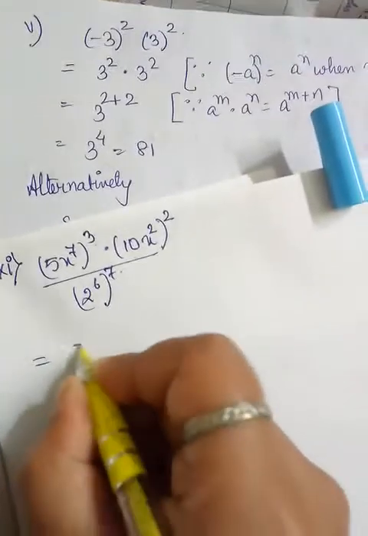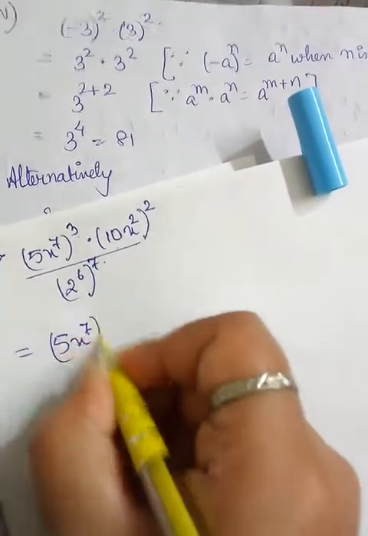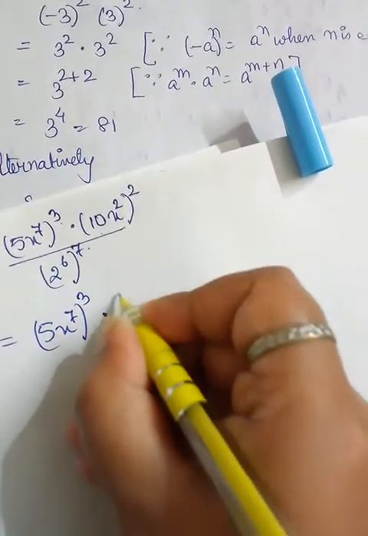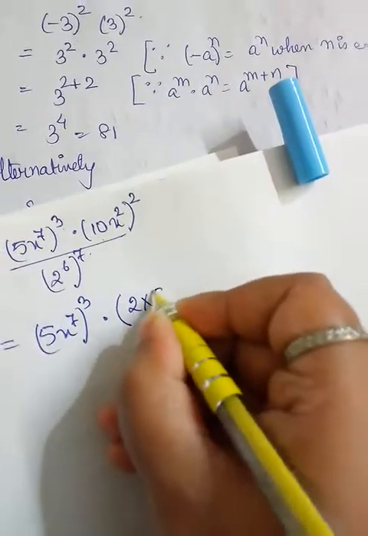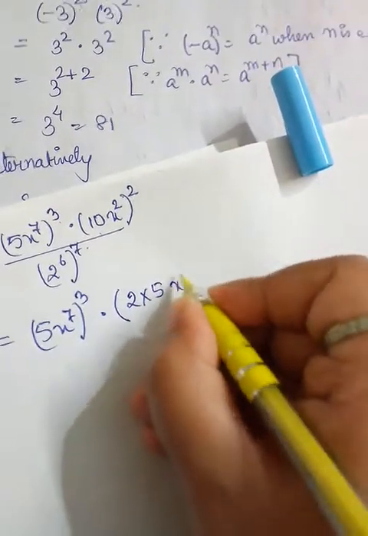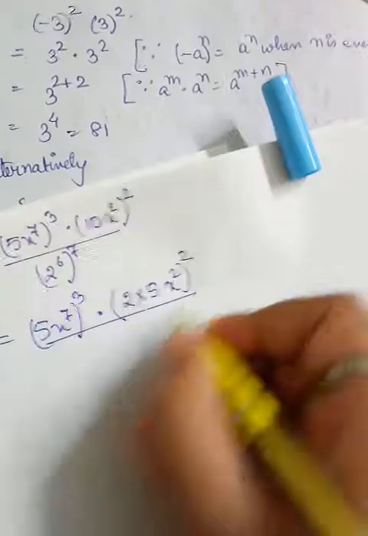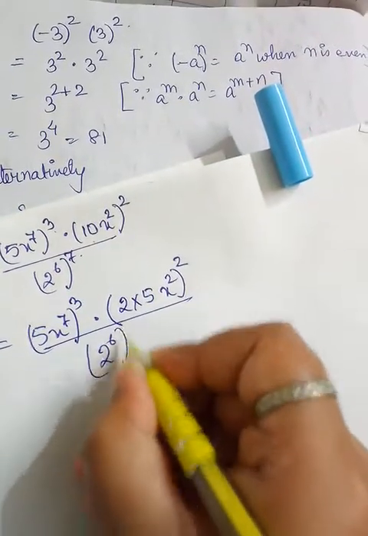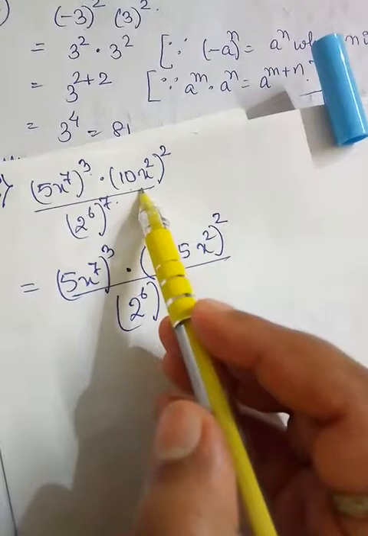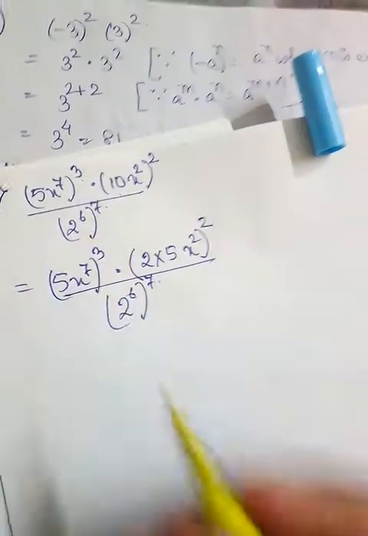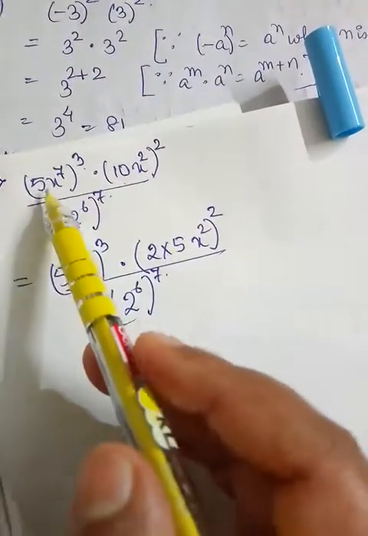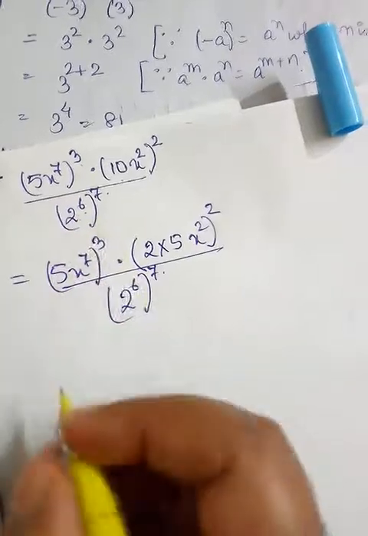So first we will keep 5x raised to the power 7 whole cube as it is, and we will write 2 into 5, because 2 into 5 is 10, x square whole square by 2 to the power 6 whole 7. We will just break the number in terms of its factors, and particularly in those terms which we can see in the given question.